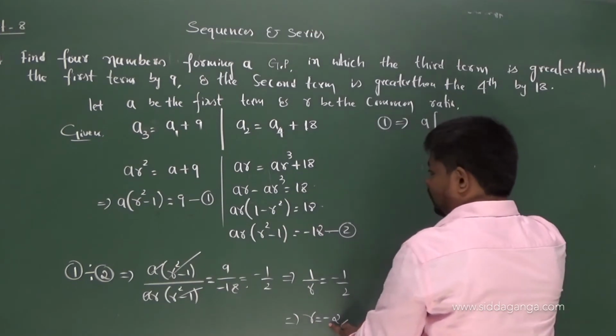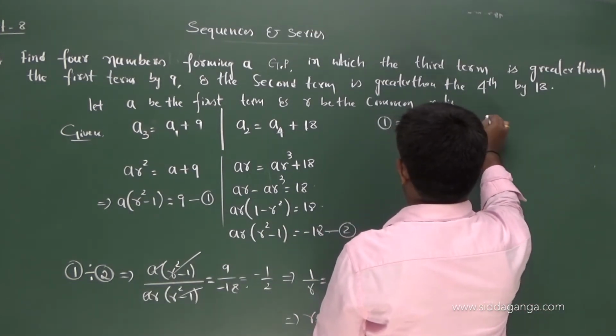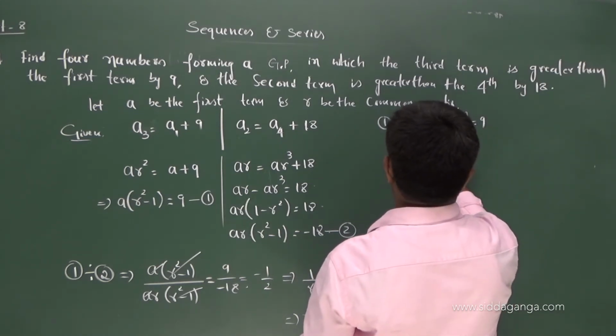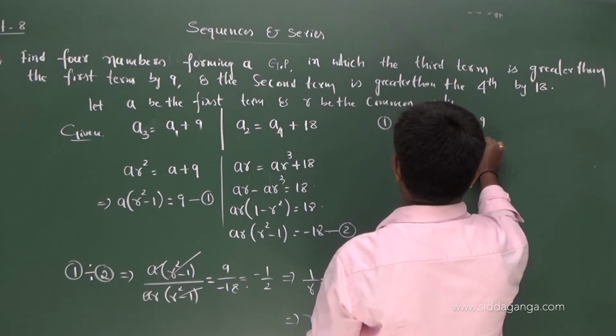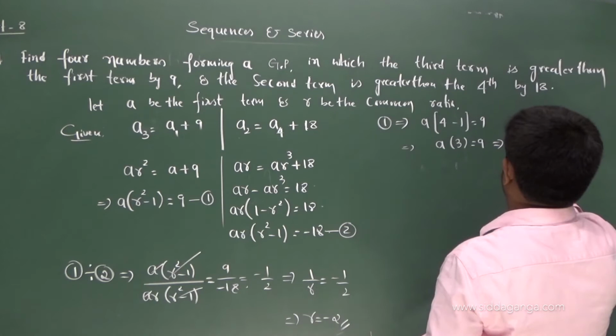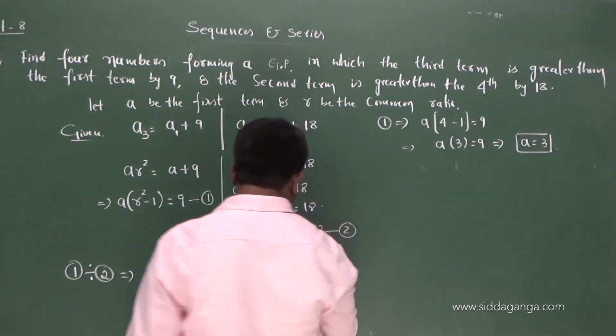R square is minus 2 squared, that is 4, minus 1 is equal to 9. So A into 3 is equal to 9, which gives A equal to 3. Now A is 3 and R is minus 2.